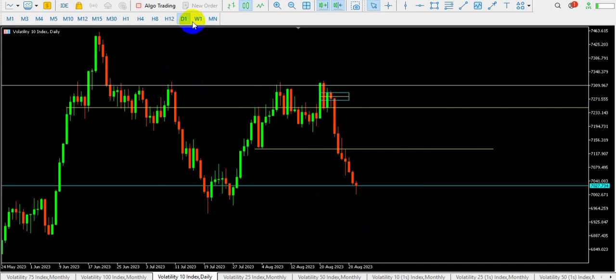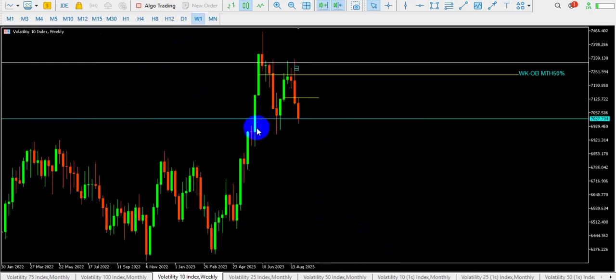But on the weekly, what are we seeing here? We have a fair value gap here. Take this fair value gap here to there, extend the mean threshold. You understand that we are having a problem because it's trying to barge into that mean threshold.